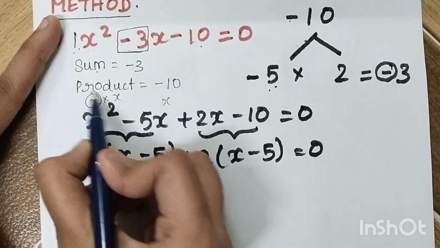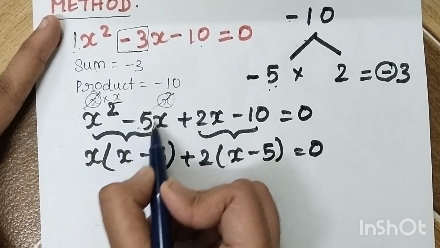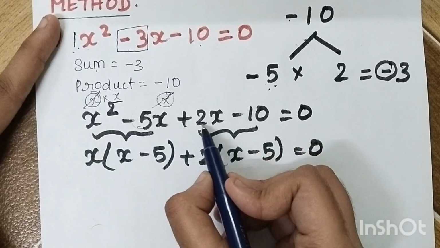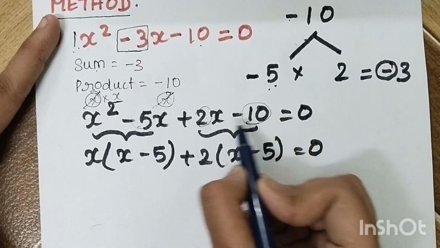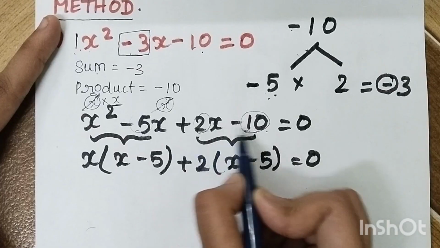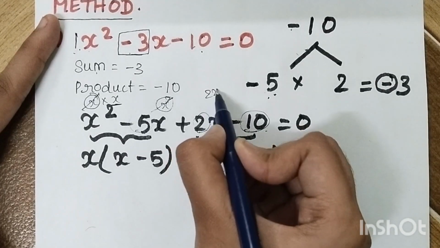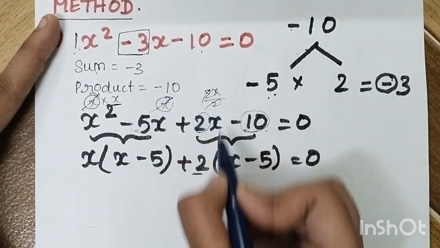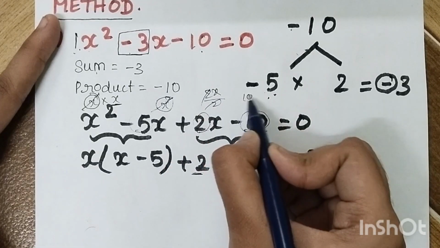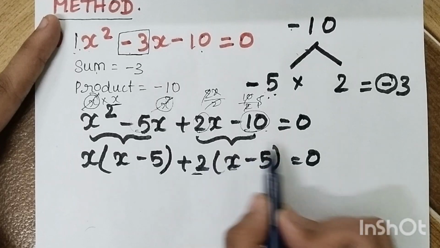So if I take x as common, the remaining here is x and here the constant is minus 5. So 2 and 10 are divisible only by 2 table. Okay, so the only common factor between them is 2. So I have taken 2 as common out. So 2x by 2 will become only x, and then 10 by 2 will be 5. Okay, so I have written like this.